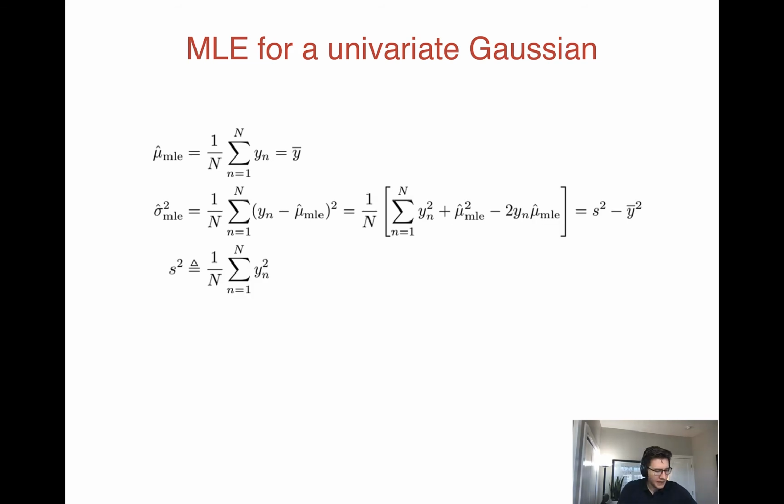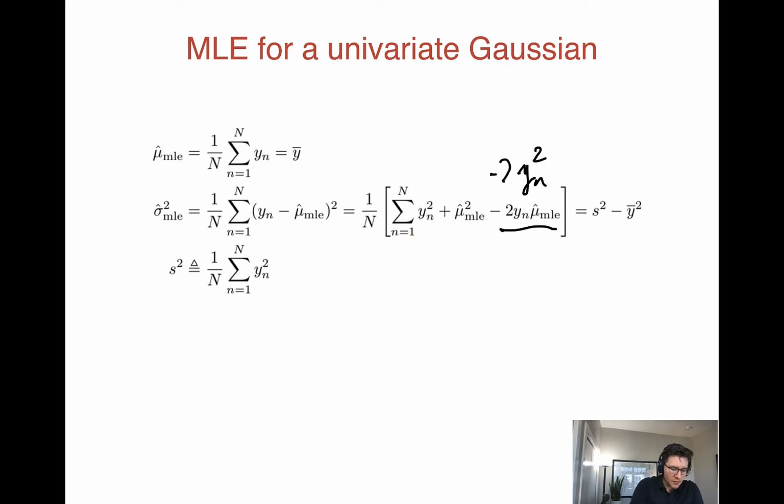Another way of writing it is like this. If we take each of these squares and multiply out the squares, we get yn squared, mu squared, and a term that we get from multiplying the 2yn mu, negative, from this negative sign here. It's not too hard to see that this term here is just equal to yn squared on average once you sum across everything.